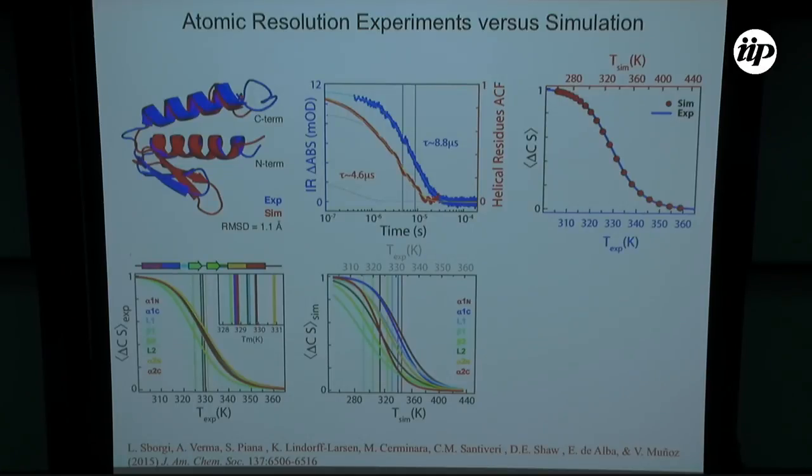They got the folding temperature within 5 degrees. Now the problem here is that the temperature scale is expanded in the simulations by 3.15. You can see here it goes from 280 to 440, here it's from 310 to 360. So when you compare them well, it's when you compress this.